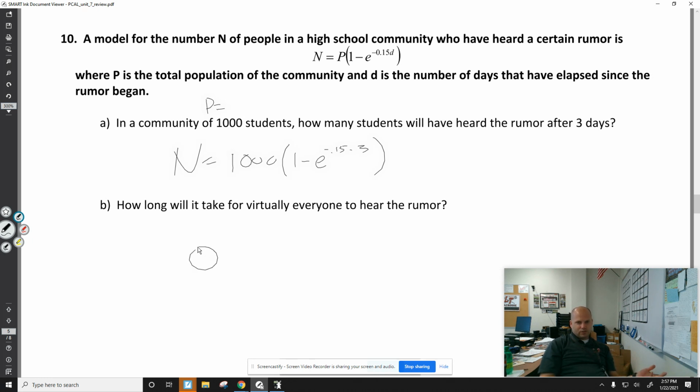You want to solve for 0, but you won't be able to. Actually, let's see. So the question is like, when is the number of people 1,000?